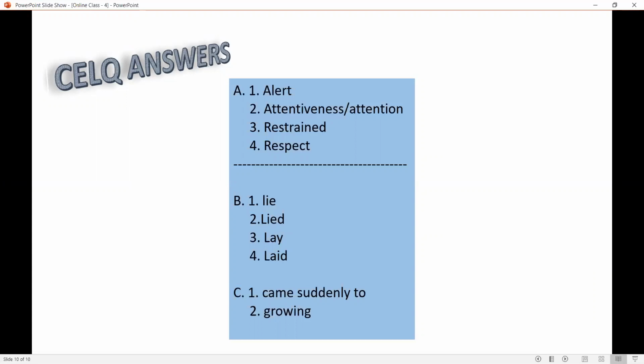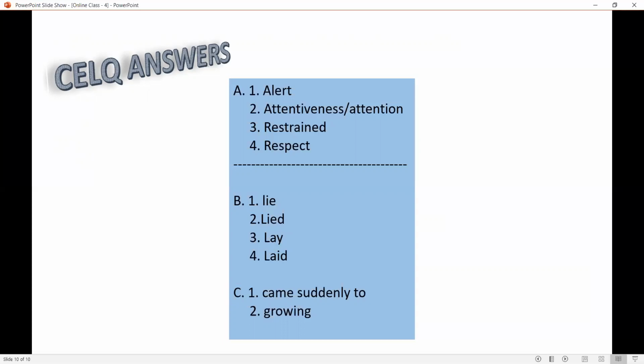The noun form is attentiveness or attention. Both are acceptable. Then third one is the adjective form of restraint. Noun is restraint. Adjective, the spelling is different, restrained. Fourth one is the noun form of respectful. It is respect.